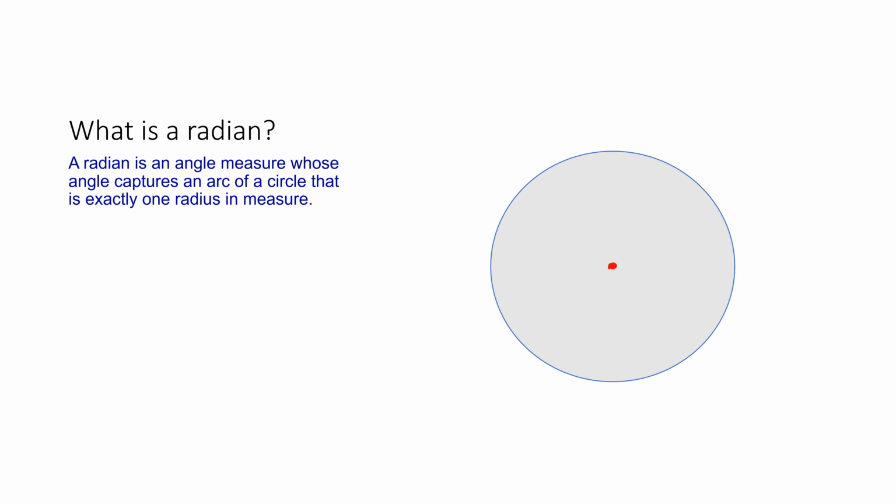So imagine you had a circle with some type of radius, and let's just say this is a radius of 1 meter.